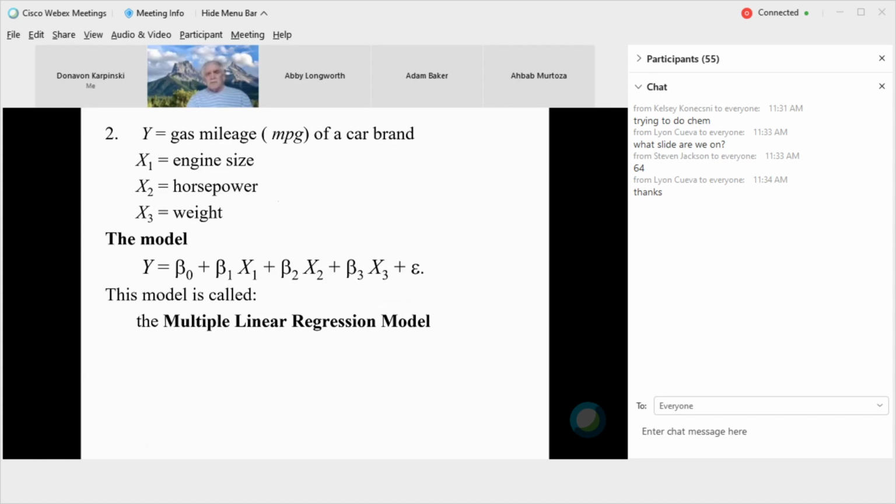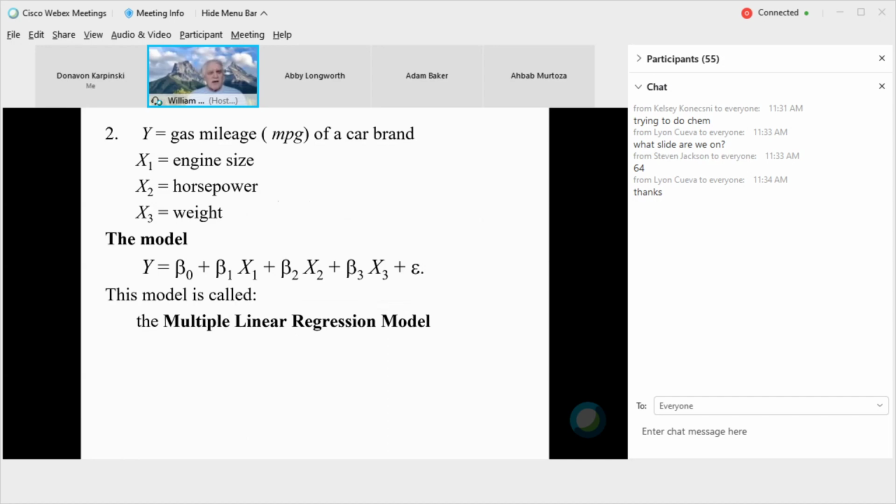Another example. We're looking at mileage on a car brand and how it depends on engine size, horsepower, and weight. So we'll assume that the relationship is a linear relationship between y and the 3 variables being measured. If you increase the engine size, mileage will go down. If you increase the horsepower, mileage will go down.